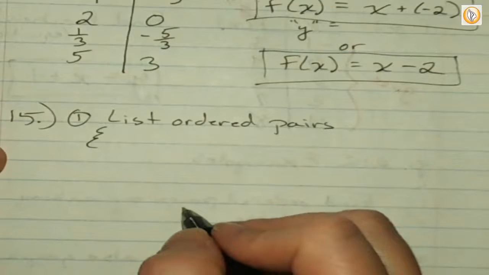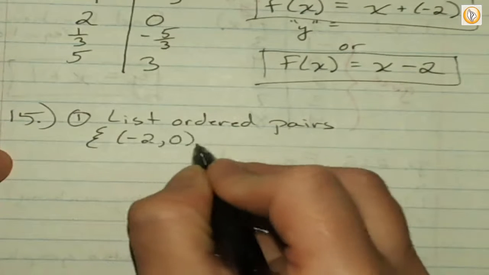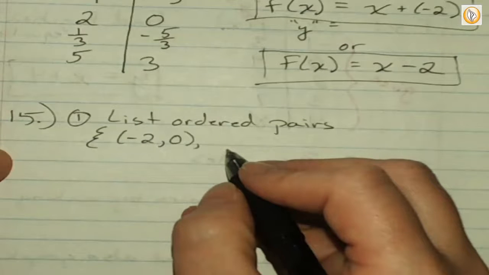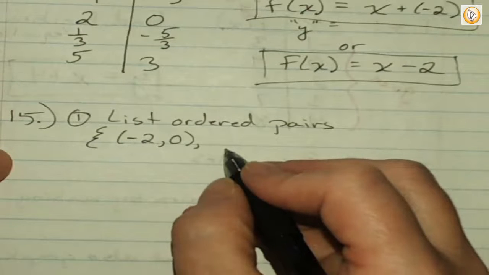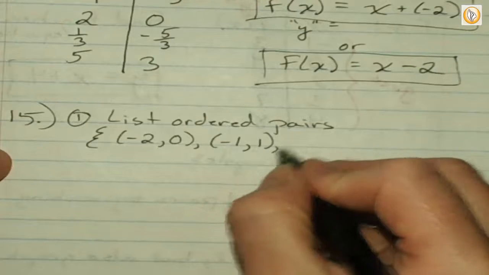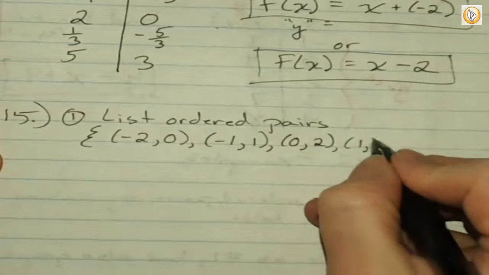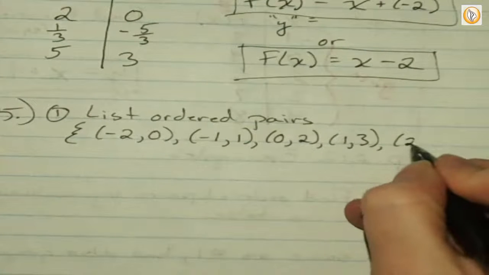So in 15, the ordered pairs are -2 and 0. Do y'all see the graph? So you got to get these right. -1 and 1, 0 and 2, 1 and 3, and 2 and 4.